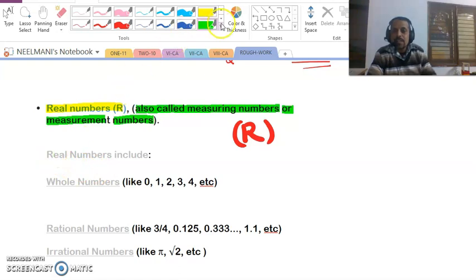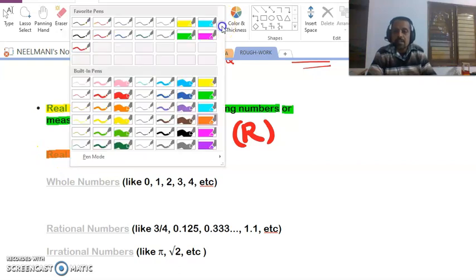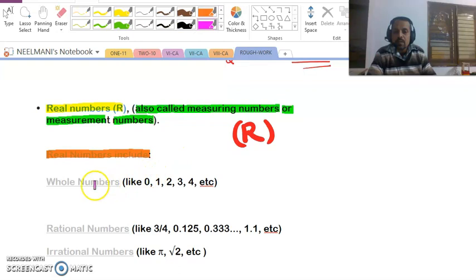So what are the real numbers including? Real numbers include lots of things.